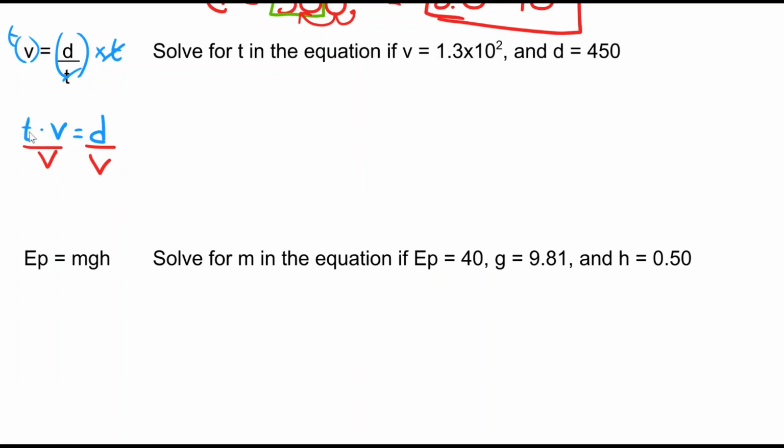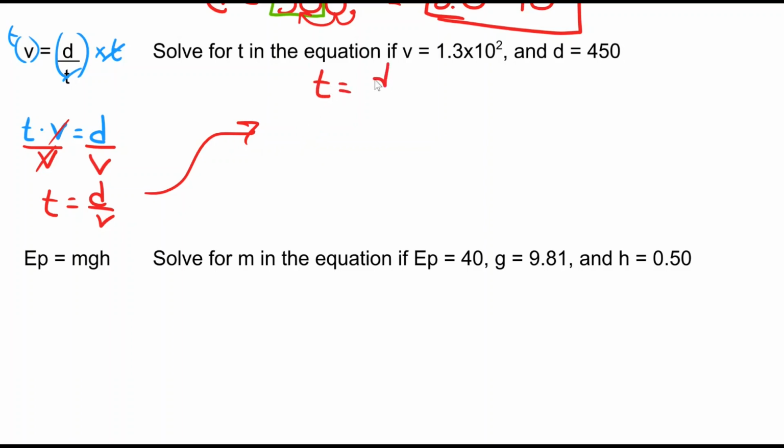So if I take t and I multiply it by v, then divide by v, well, multiplying by something and dividing by something, they cancel out. So what are you left with? You're left with t equals d over v. So now that I've got that rearranged equation, that's one of those marks, I'm going to continue on over here. So I'll just rewrite it.